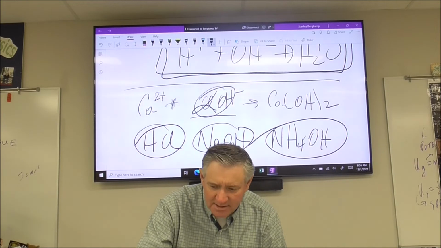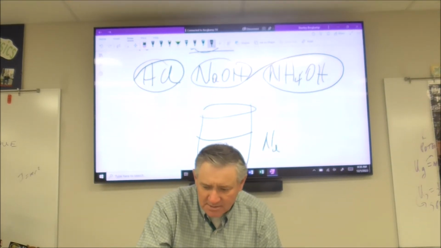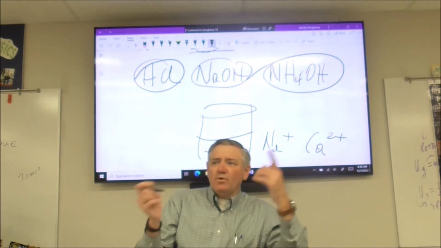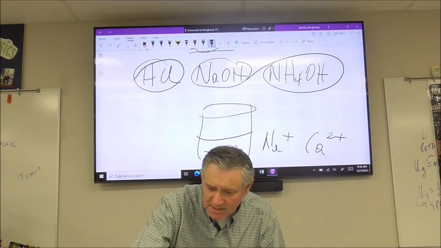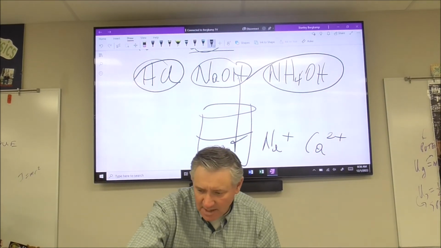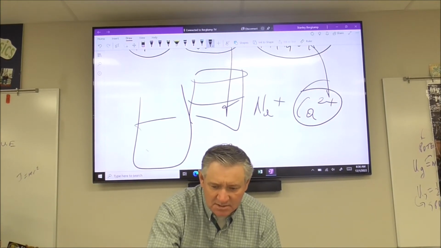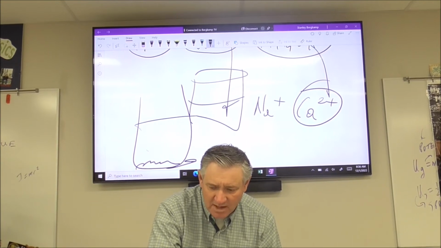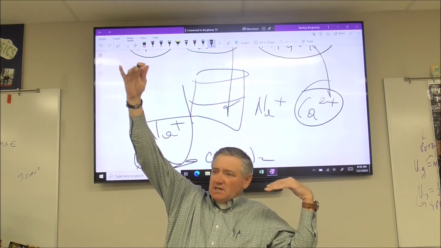Say a test tube has sodium ions and calcium ions mixed together. You could add sodium hydroxide to it. The hydroxide would bind with the calcium, so at the bottom of the test tube you would have calcium hydroxide, but the sodium ions would remain up above.